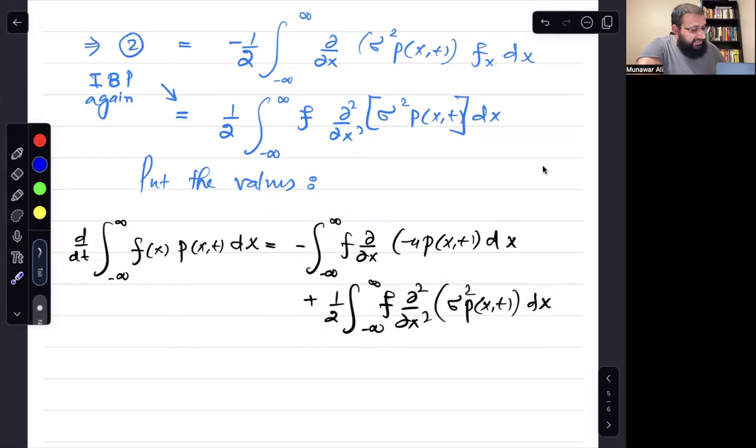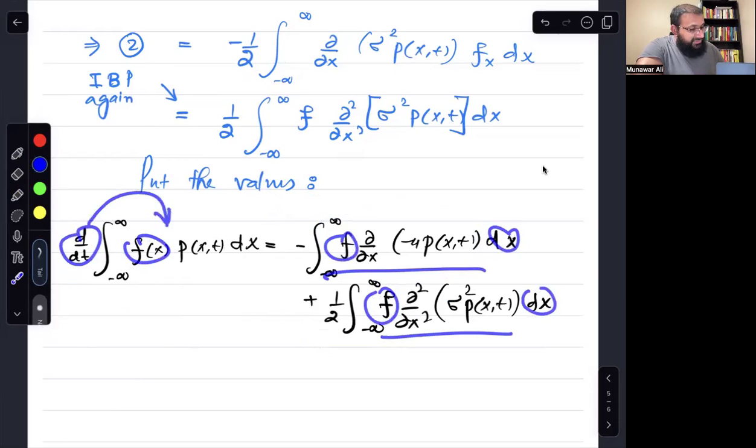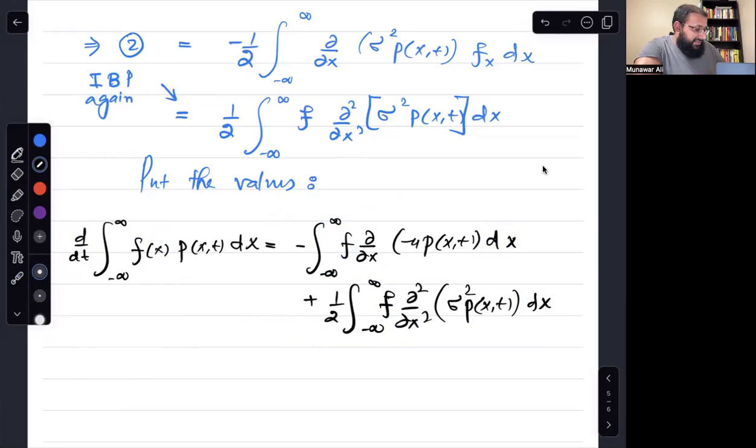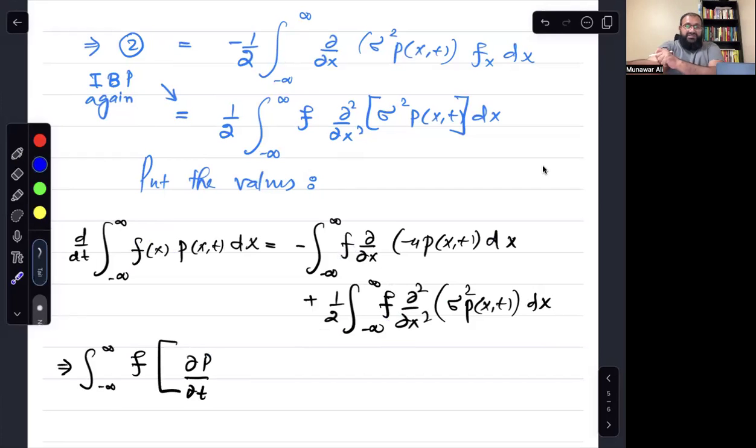So I will take everything on one side, take f and dx common out of all the terms, and take this derivative inside. This will give me the integral from negative infinity to infinity, taking f out of all the terms. The first term would be partial f by partial t times p, partial p by partial t, because I take this derivative inside, and this becomes the partial derivative.